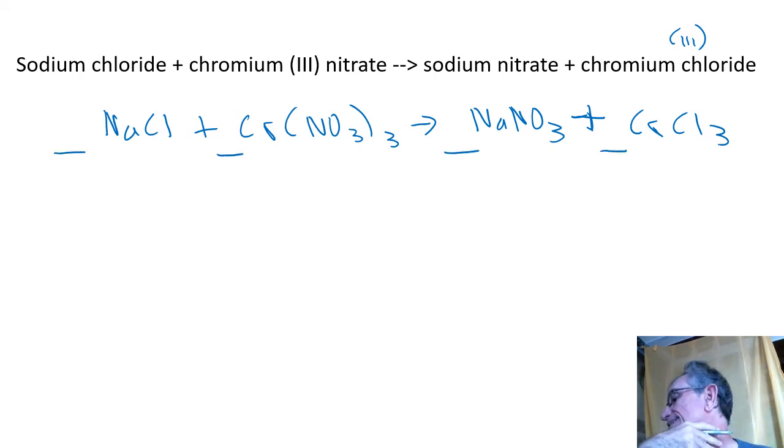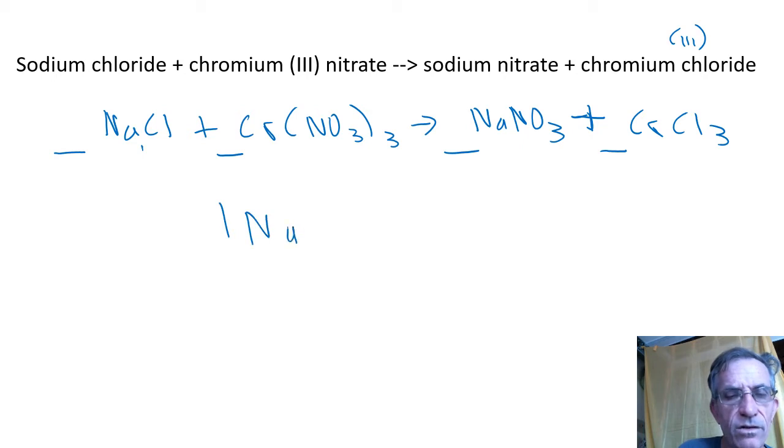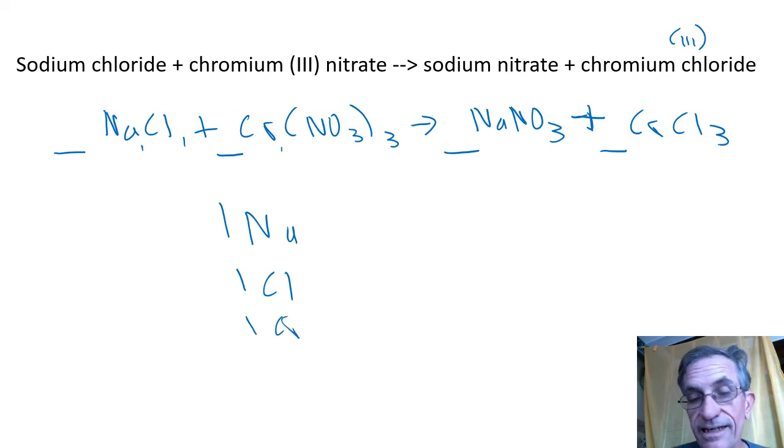All right, now let's make our list here. I've been doing this a few times, so again, I might go a little faster. If it's too fast, please just rewind and watch it again, or hit pause so you can think about it. Let's make our list. On the left, 1 sodium, 1 chloride, 1 chromium. I see nitrate on both sides, so let's keep it as a group.